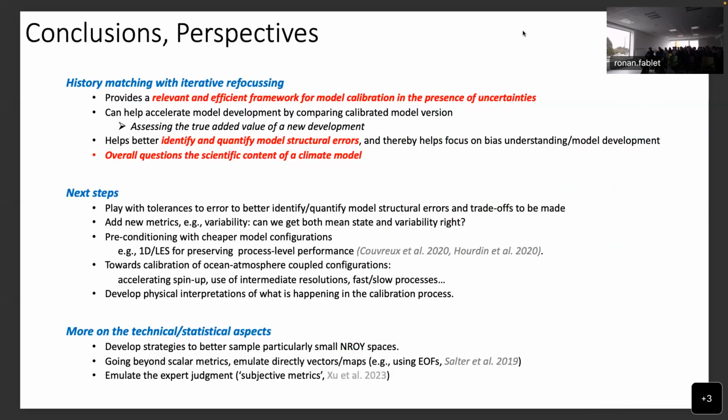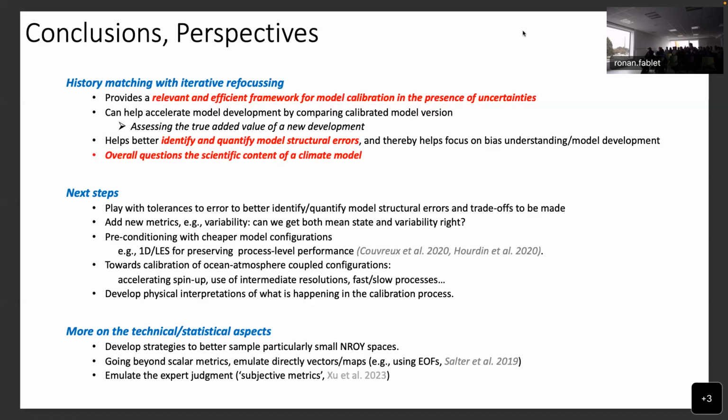efficient framework for model calibration in the presence of uncertainties. It can help accelerate model development by comparing different calibrated model versions and really understanding the impact of the representation of a process on the system. So we are assessing the true added value of a new development, not just doing it subjectively as before.